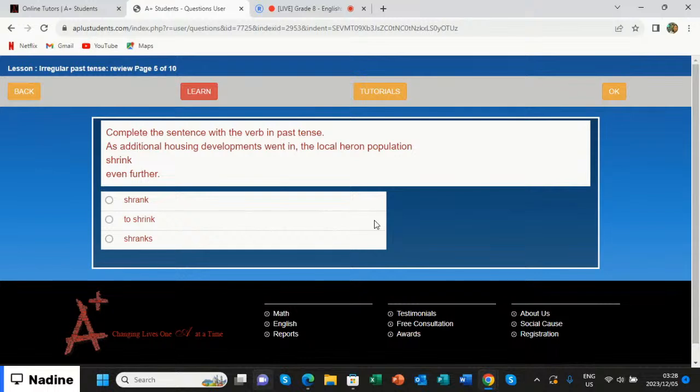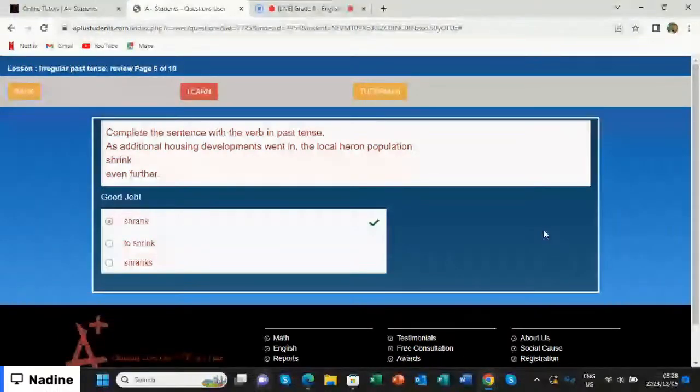Is it shrank, shrink, or shranks? If we choose the correct one, we will say shrank. And that is our verb in the past tense. Shrank.